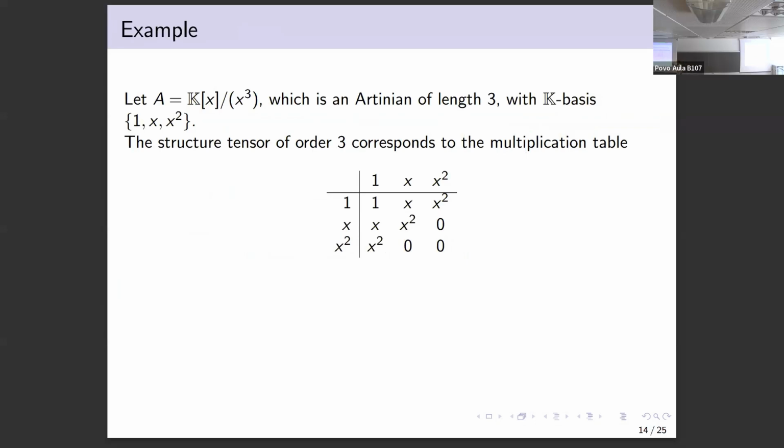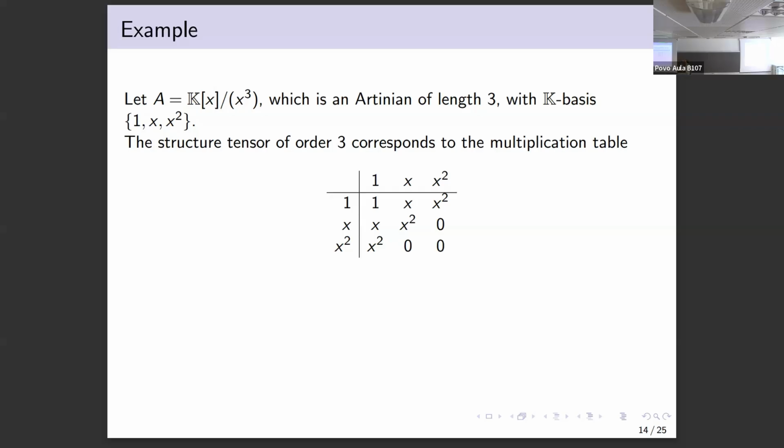We have a very simple Artinian algebra, K[x]/(x cubed). The residue class of any polynomial will not contain terms higher than x squared, and so a basis for this algebra is 1, x, and x squared. The structure tensor should reflect this multiplication table.